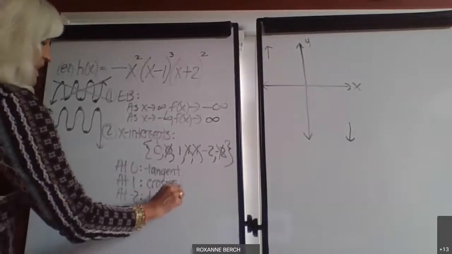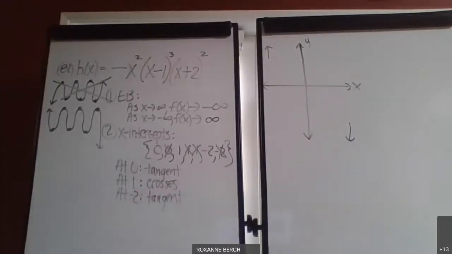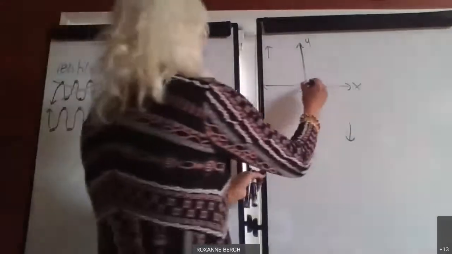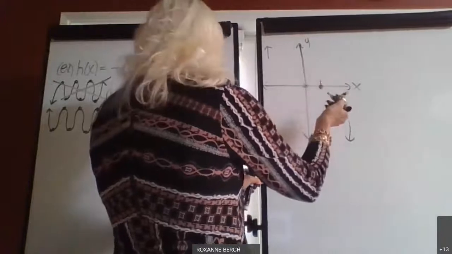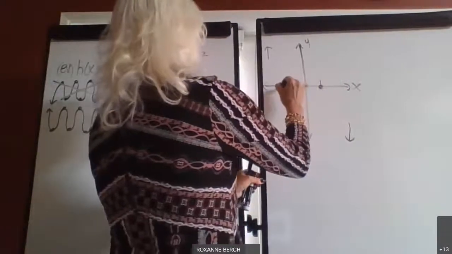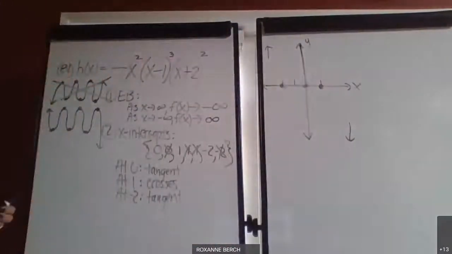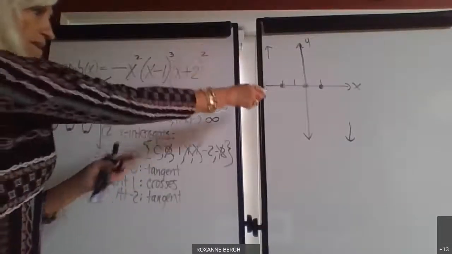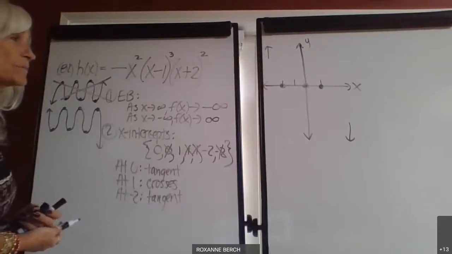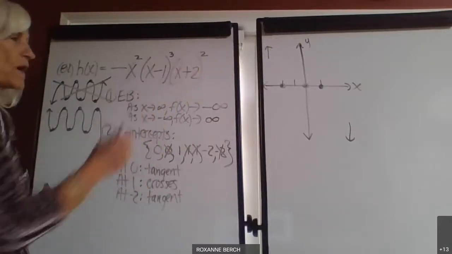All right, let's see what this thing looks like. So let me graph the roots first. So we have a root at 0, 0, at right 1, 0, and at negative 2. So we're going to hit negative 2 first, right? Because we're going from left to right to graph.